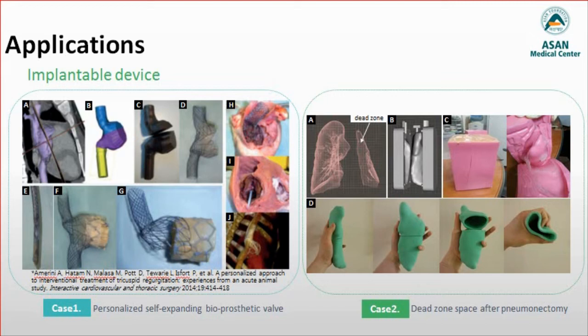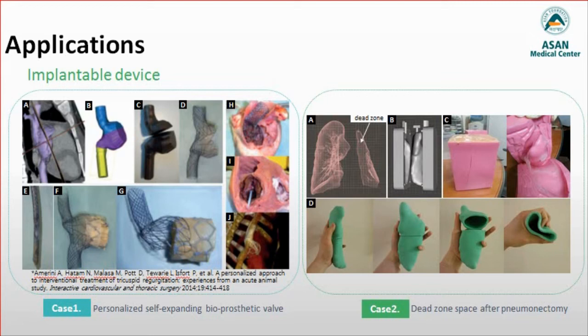This customized stent was almost completely fitted onto the right atrium, and an additional tubular stent component containing a tissue valve prosthesis was developed.